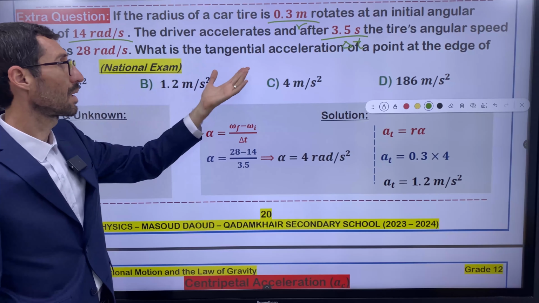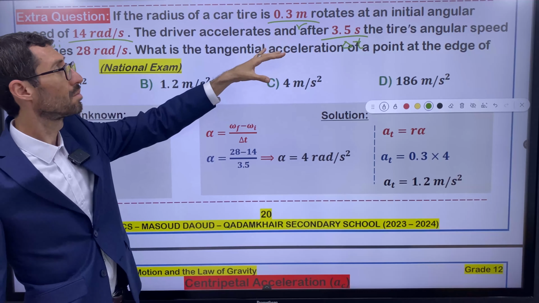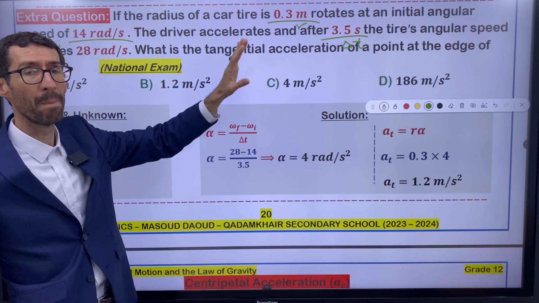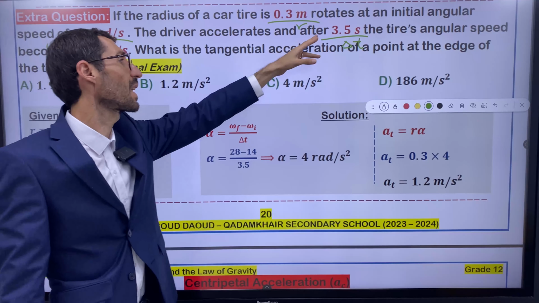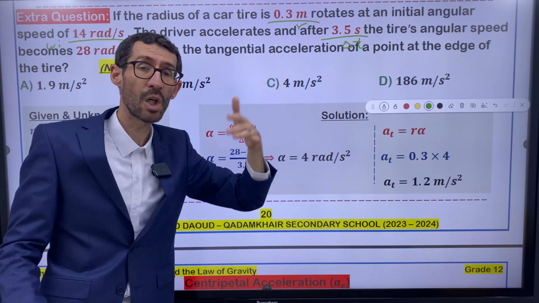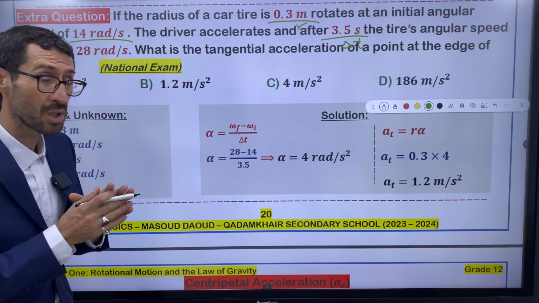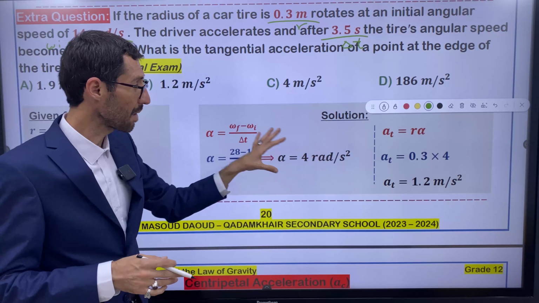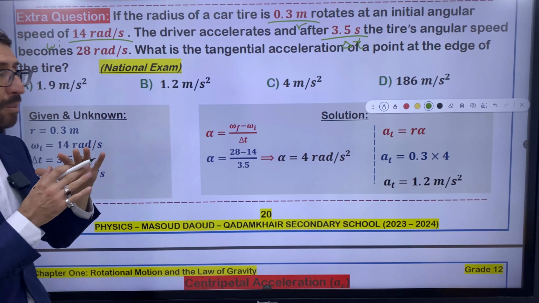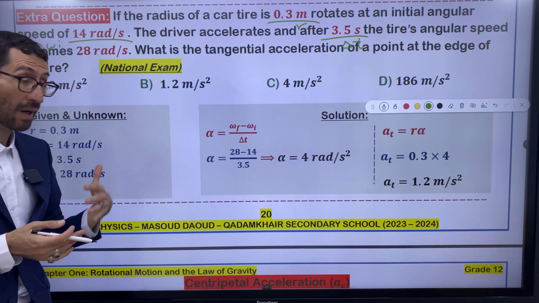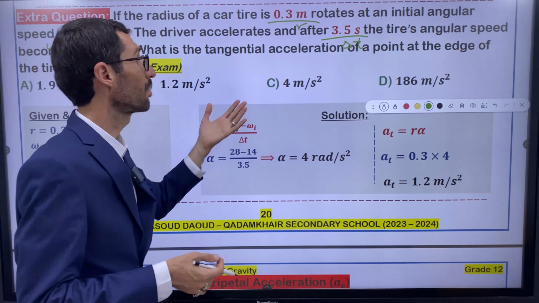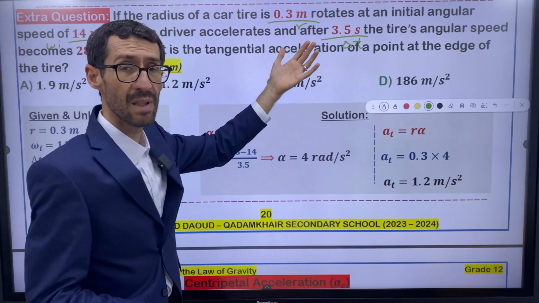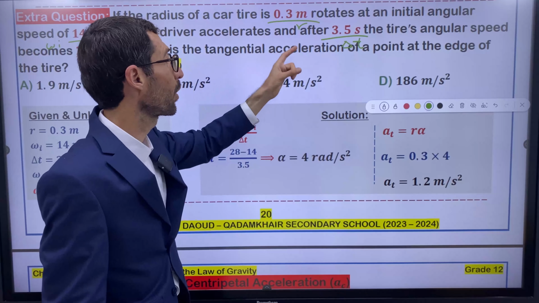You see, it looks like the previous question, except for some numbers that are changed. The numbers changed, so we have the same procedure. We have the same process, and let me complete our subject. Let's keep going.